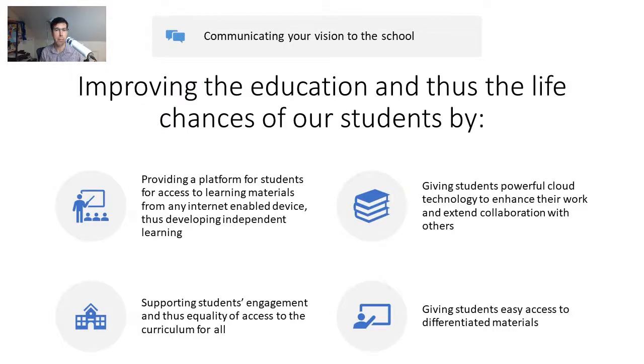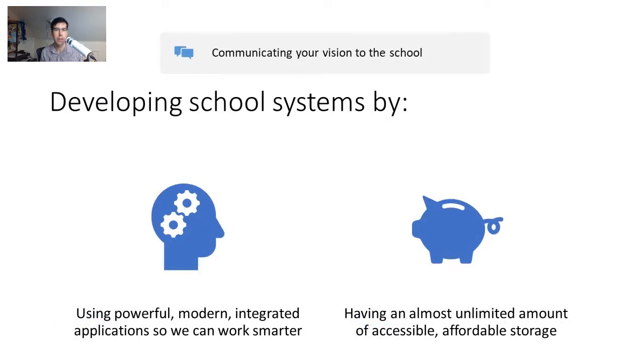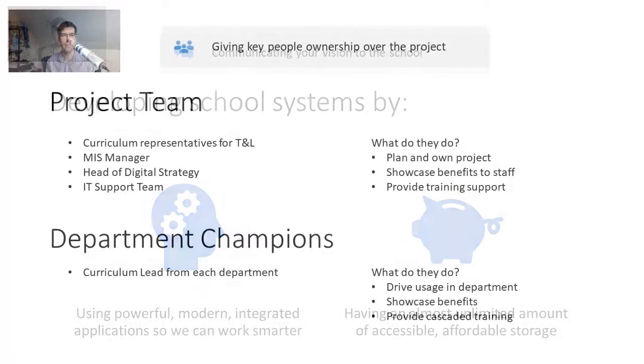So they've talked about developing independent learning, which is one of their values at the school. And they've talked about supporting student engagement with the curriculum and making it easy for the students. So again, it's just merging the communication about the vision of it with your own message that the school has in terms of ethos and values.